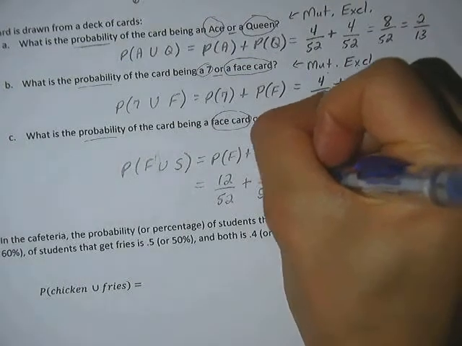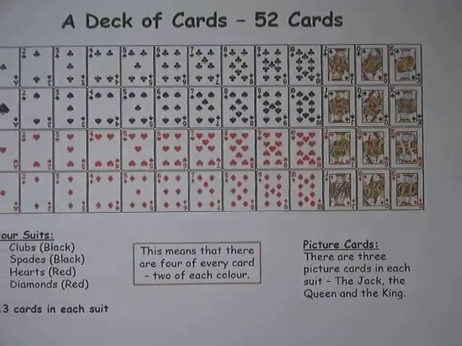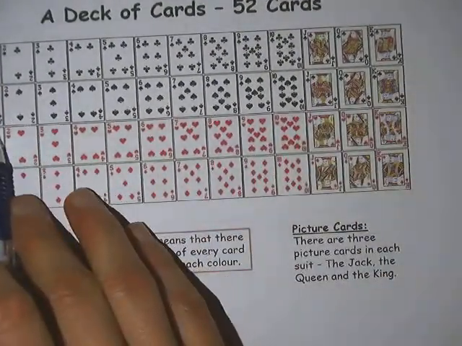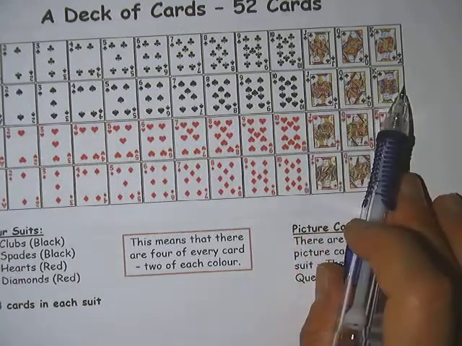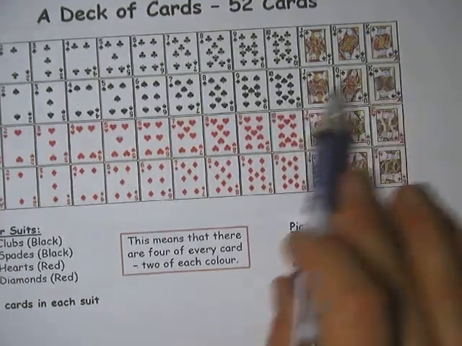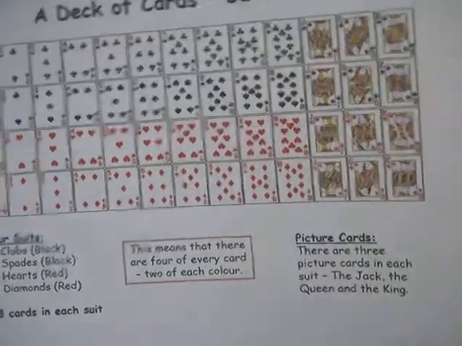And then we have to think about how many are both face cards and spades. So if I pull this back up, you can kind of easily see that. If you look at the spades right here, there's 1, 2, 3 that have a face on them. So there's 3 out of those 13 spades that are face cards. All right.